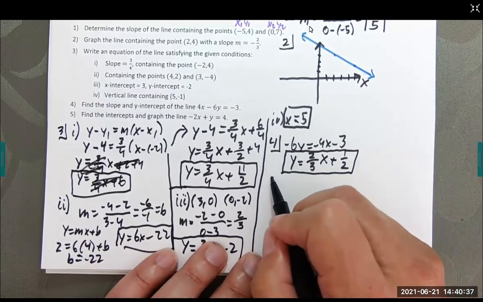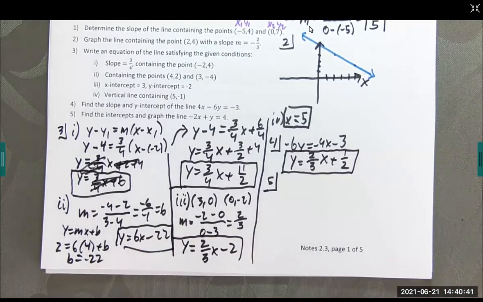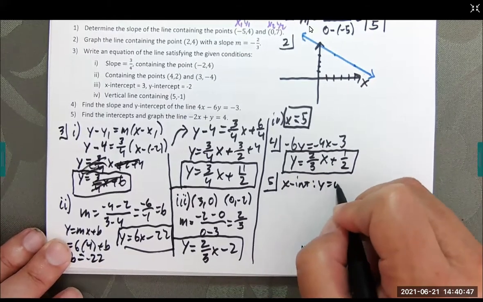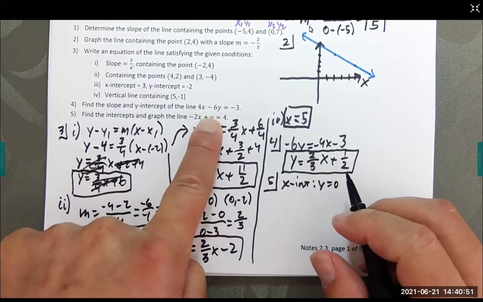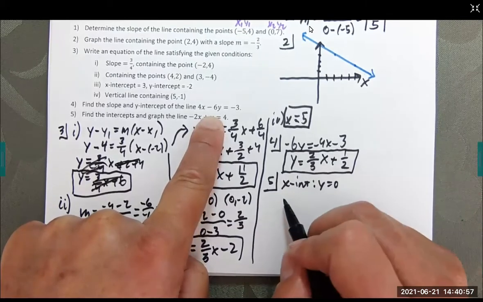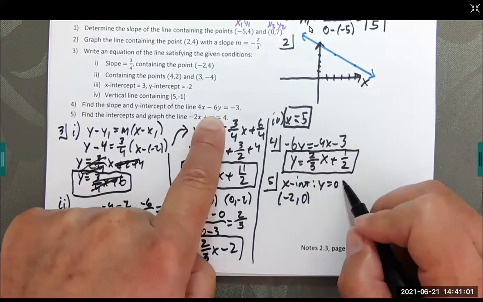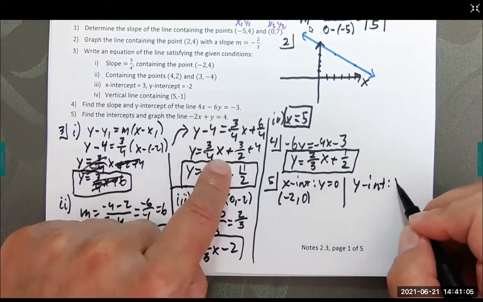Number 5, find the intercepts and graph the line. So the x-intercept, again, that's when y equals 0. So when y equals 0, do you see I'm going to get -2x equals 4 and divide by -2. So x-intercept is going to be -2, 0. Y-intercept, that's when x equals 0.